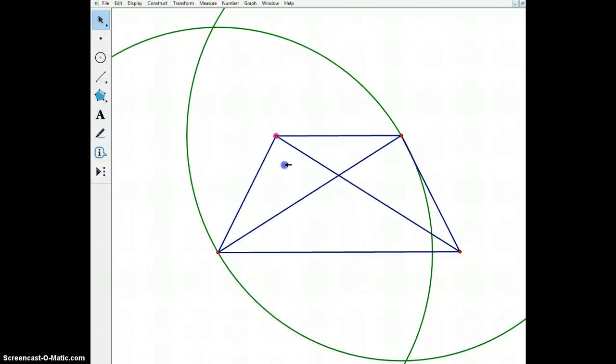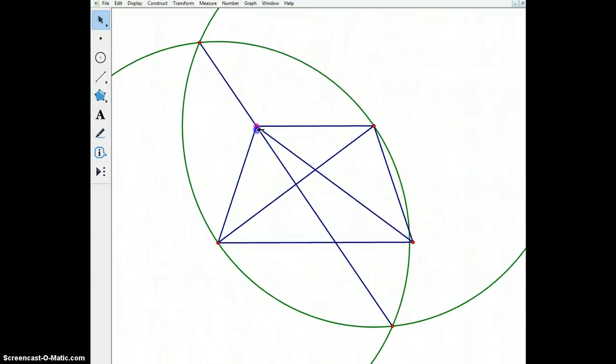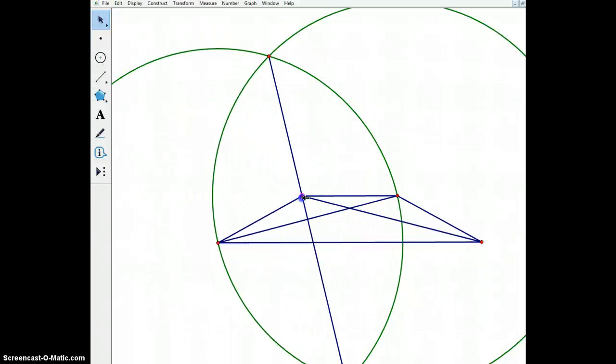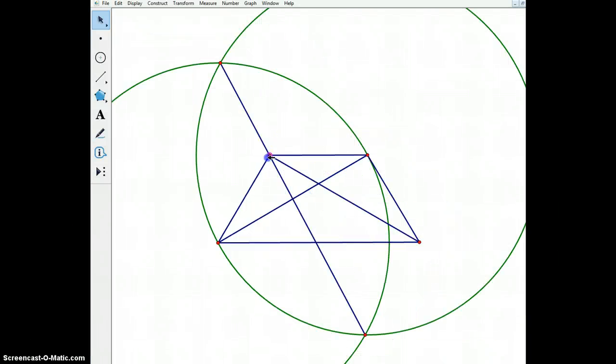We'll make it a little bit smaller, just so it's easier to see. And we notice that it's really far off from the perpendicular bisector. So the diagonals are not perpendicular bisectors.